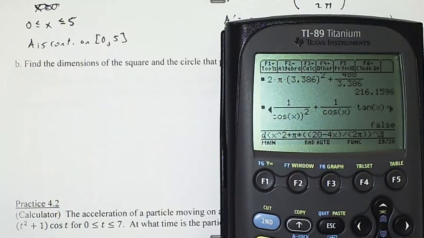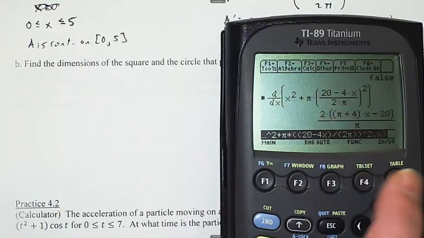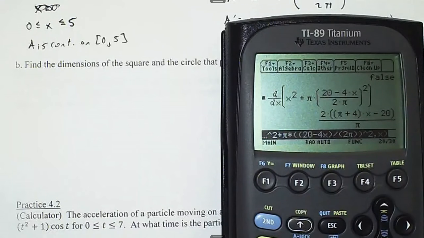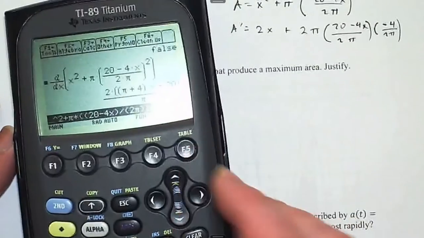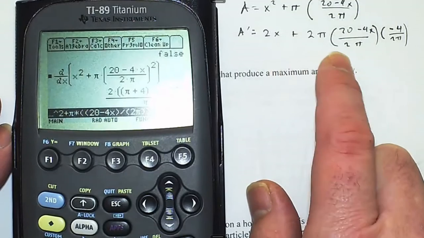Squared. And I'm going to take the derivative with respect to x. Check the pretty print. Make sure it looks like what you have here. Then you can see the result. So that's actually a lot cleaner, isn't it? They did a lot of simplifying for us. But I think we can see that it's going to be the same.